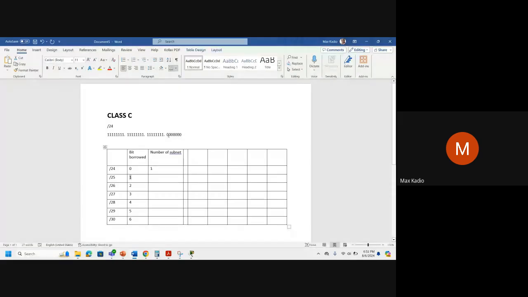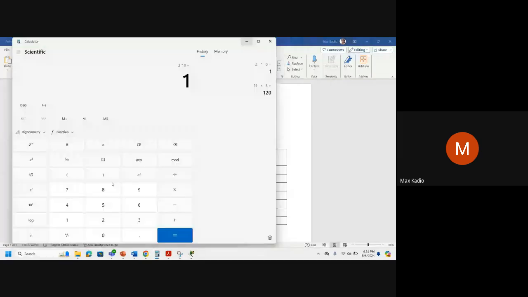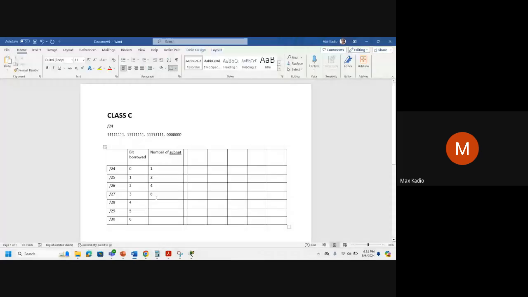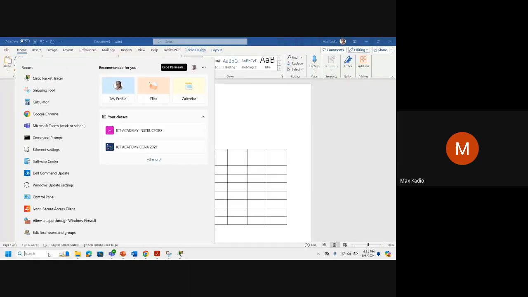Here it will be 2 to the power of 1, which is 2 networks. Here will be 4 networks, 8, 16, 32, 64. So if I borrow 6 bits, we get 64 networks.